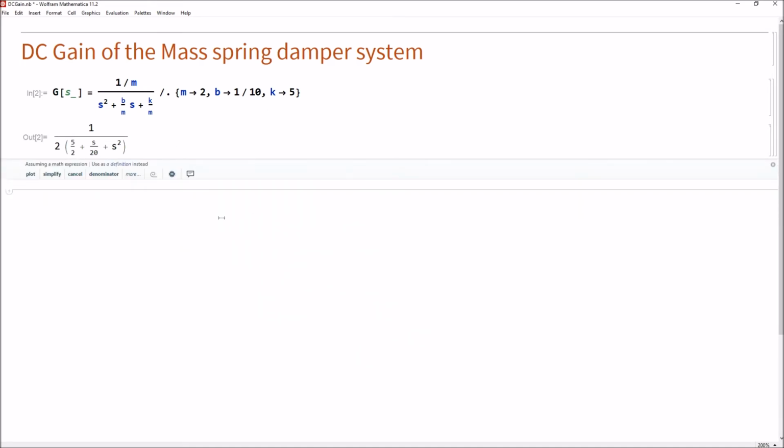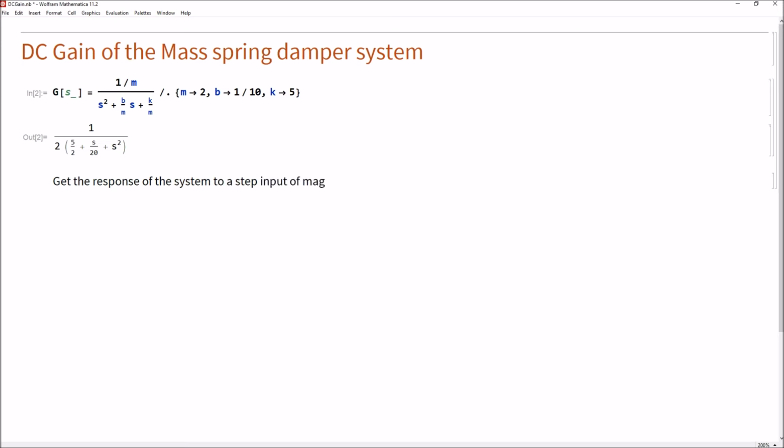Now let's just do this by brute force. Let's say we didn't know the trick about plugging in s equal to 0 everywhere, and try to compute the DC gain by hand. The first thing we need to do is get the response of the system to a step input of magnitude A. So we are looking for the output, which is G of s times A over s.